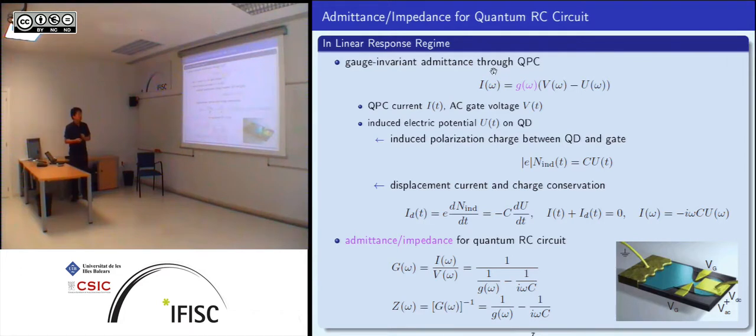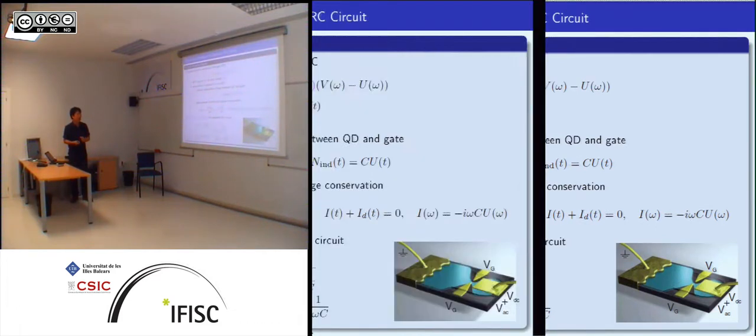Here G is the admittance, the inverse of the impedance. Now we apply a gate voltage to this quantum dot system, which can lead to some current between the quantum dot and the reservoir. This is the current I.